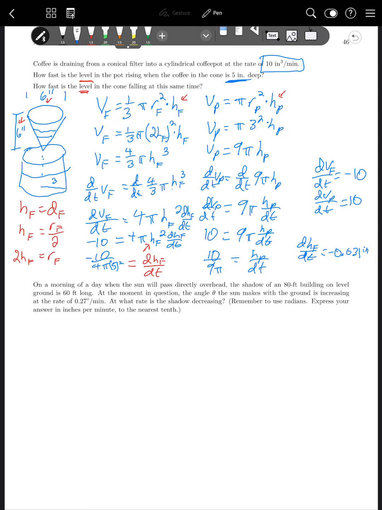And the rate at which the height of the pod is changing is 10 divided by 9 pi, which is 0.354 inches per minute.